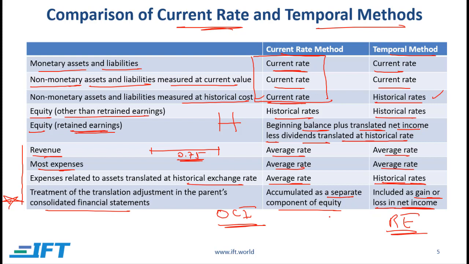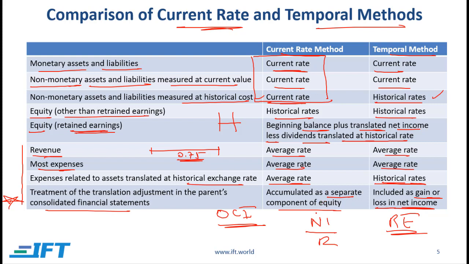Now let's say you have a situation where you need to compare the net profit margin of two companies, where one company uses the current rate method and the other company uses the temporal method. Let's say that both companies had a translation adjustment which was positive.